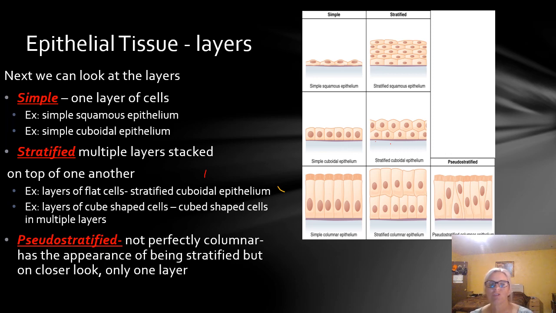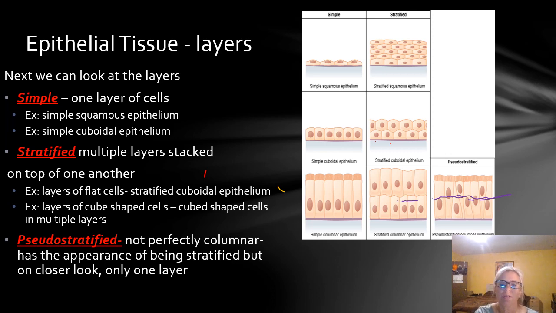All right, so pseudostratified means that it looks like it is stratified, but it's not really stratified. So you have to look very closely. So this is one that tends to trip students up. So if you are looking on the microscope, you might see something like that, and where that line is, there's of course not a line there. The line that I just drew, it looks like that might be multiple layers.